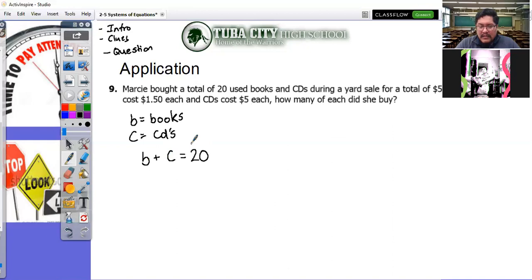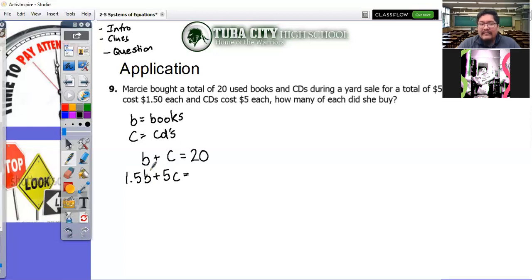And then the second one is the value. So here we have $54.50. And for the second one, it's going to be the value of each one. So books are $1.50, so 1.5 for B, and then CDs are $5 apiece, and whatever this combination is, again, it could be anything.